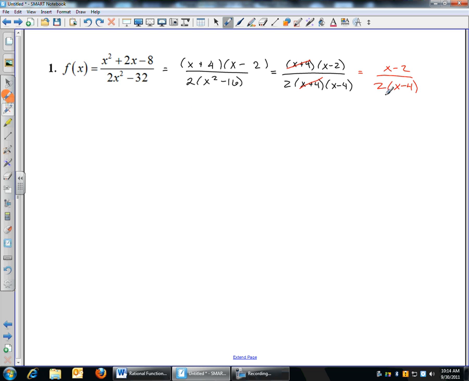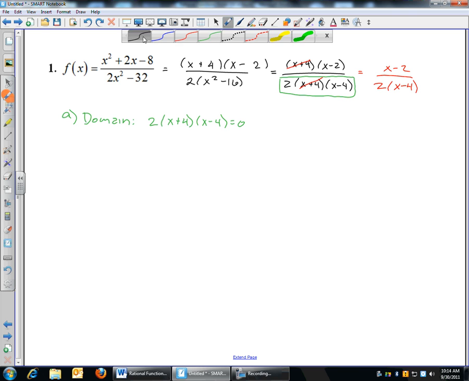So to find my domain, I'm going to set my denominator equal to 0, and I'm actually going to use the denominator before I canceled. So after you factor, but before you cancel. I'm going to set 2 times x plus 4, x minus 4 equal to 0, and then solve that equation.